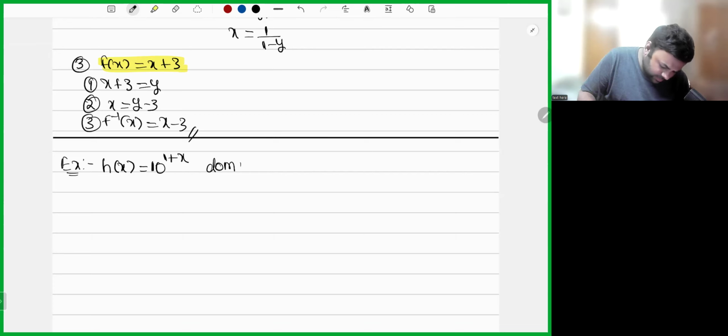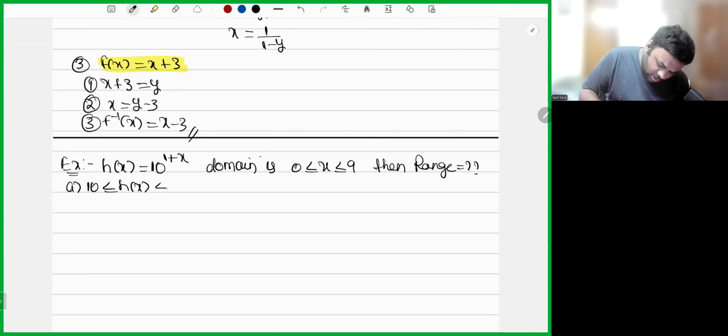Domain is 0 less than or equal to x less than or equal to 9. Then what is the range? Option A, 10 less than or equal to h of x less than or equal to 10 power 10.